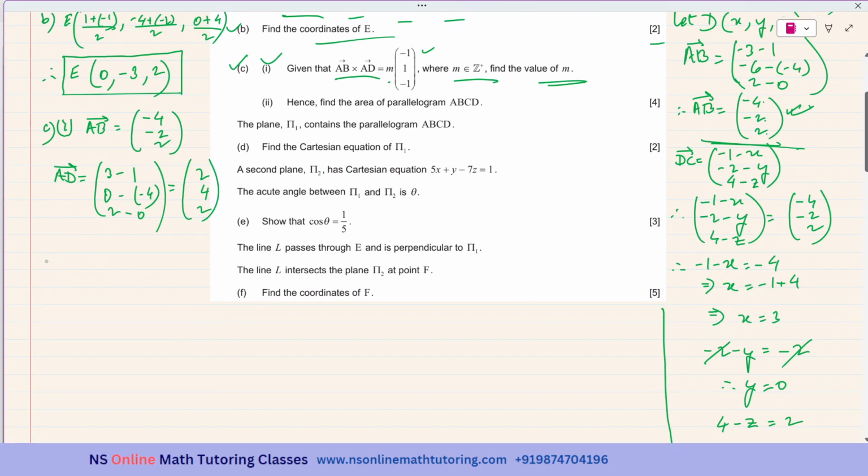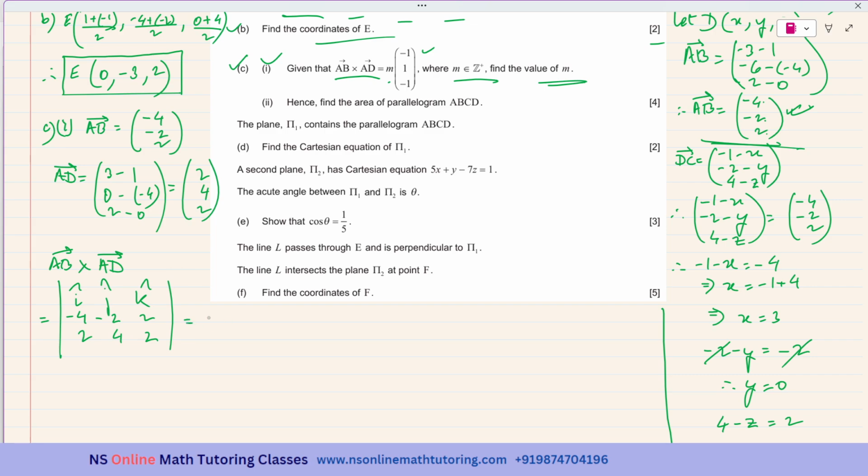So now we need the vector product AB cross AD. First is AB, so -4, -2, 2, then AD 2, 4, 2.